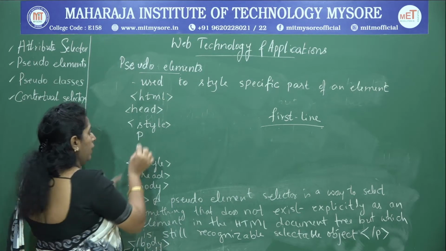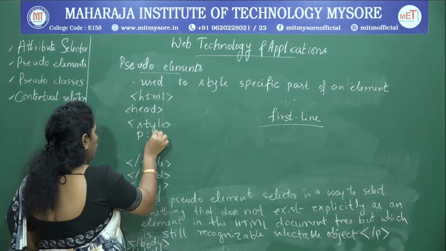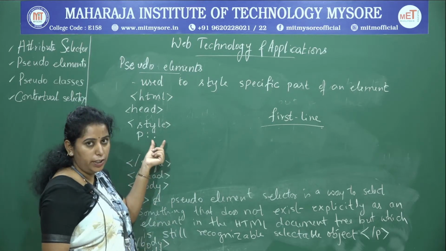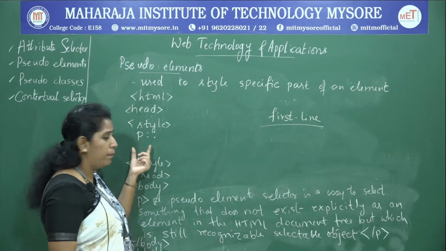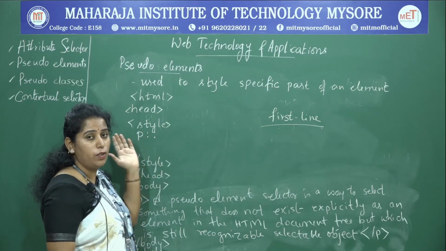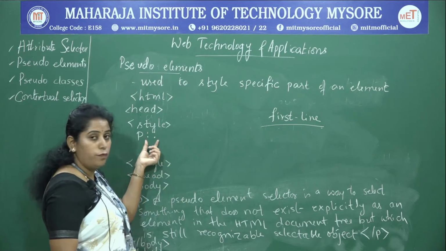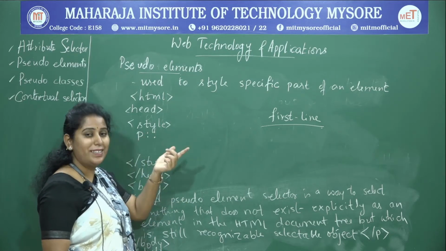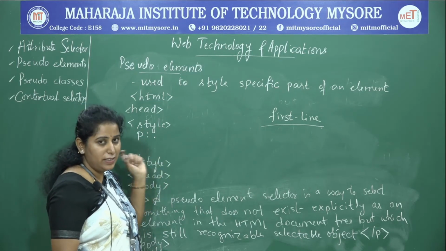So in the style part you have to mention P, then 2 colons you are using here. Sometimes you may use a single colon. That is working in the case of CSS1 and CSS2. When you make use of 2 colons, you have to think that it is working for CSS3.